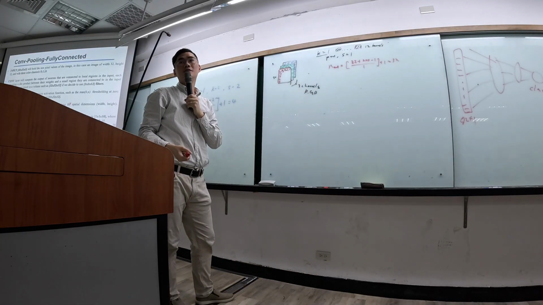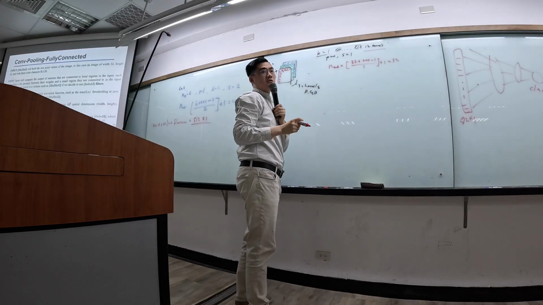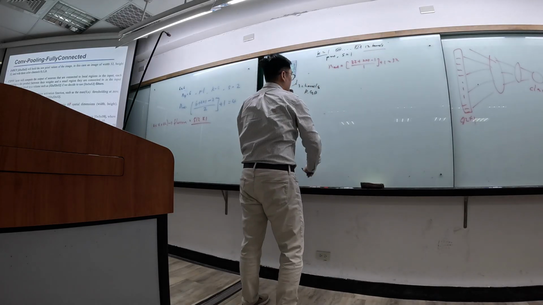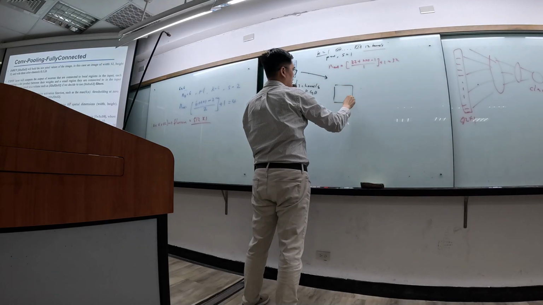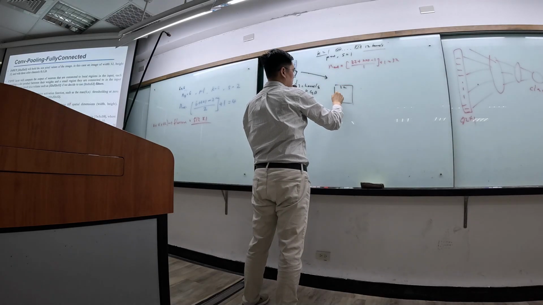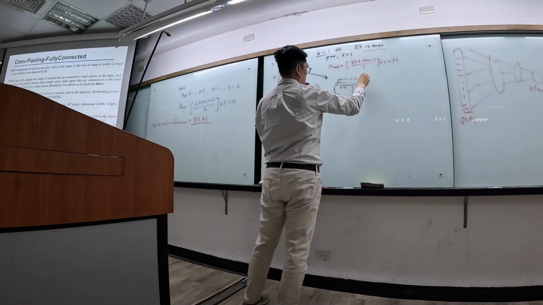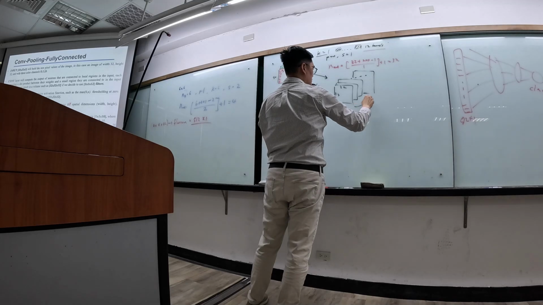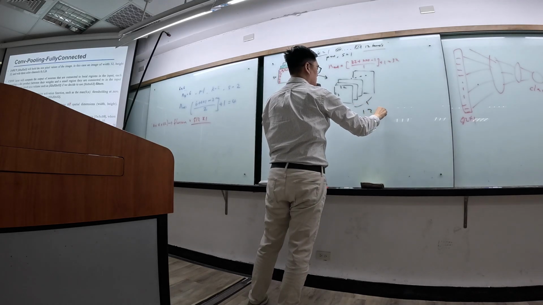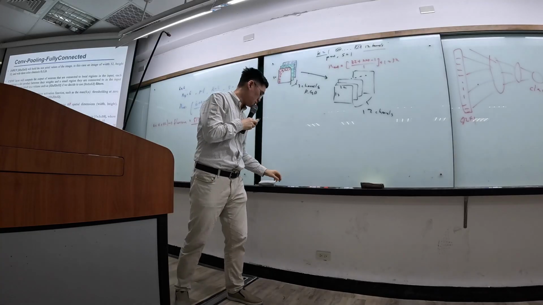Okay? Great. And then we have 12 kernels. So you can imagine that your new output is again 32 by 32, but you will have 12 channels after the kernel.